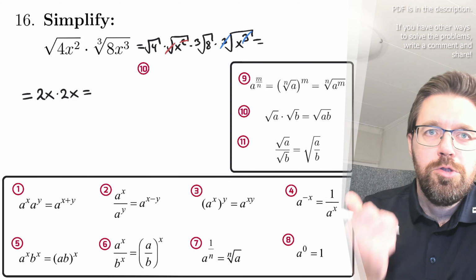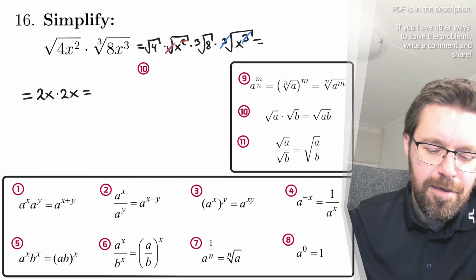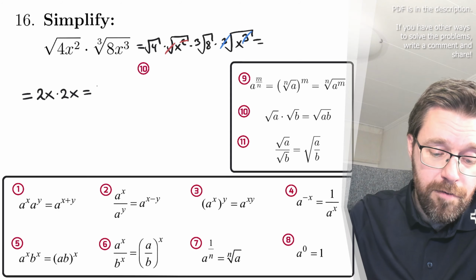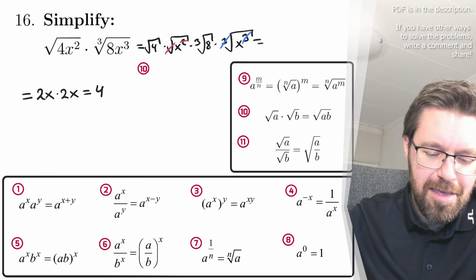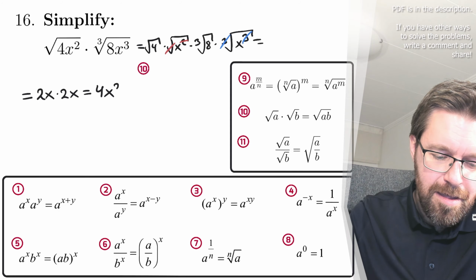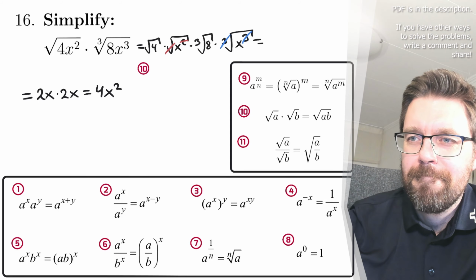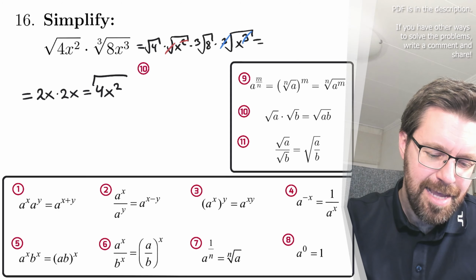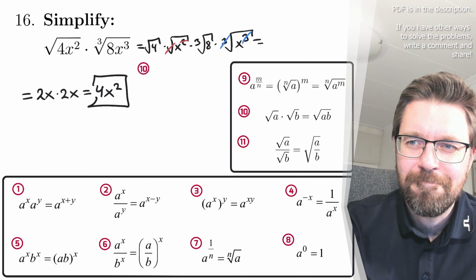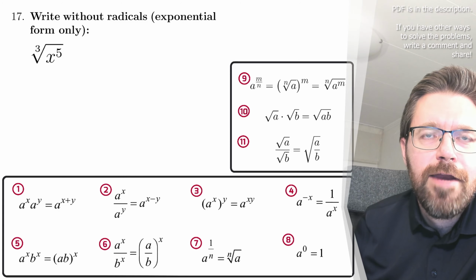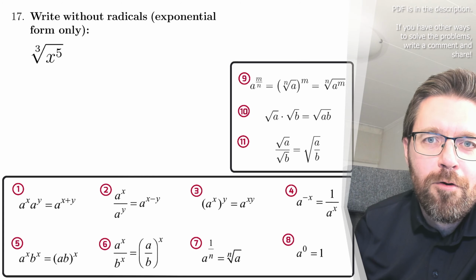So 2 times x times 2 times x, 2 times 2 equals 4, and x times x equals x squared. Yes, box.